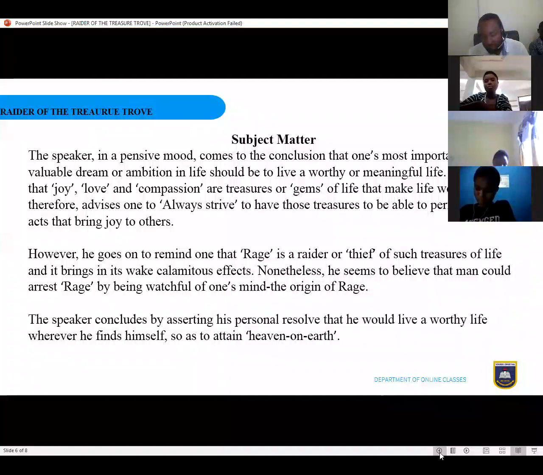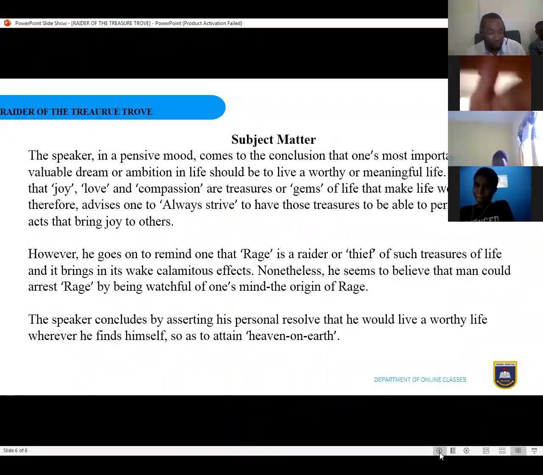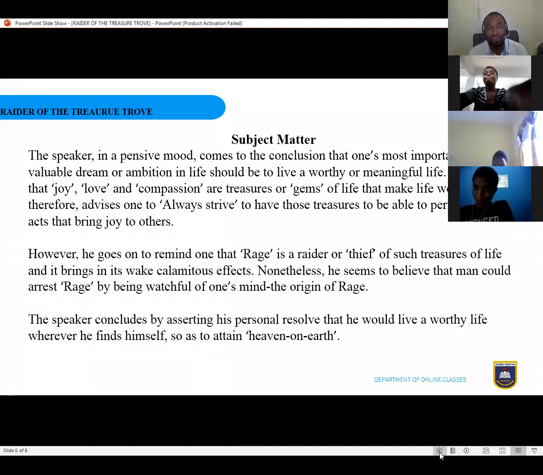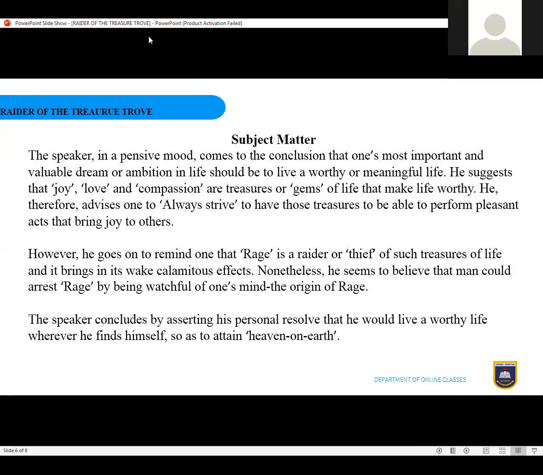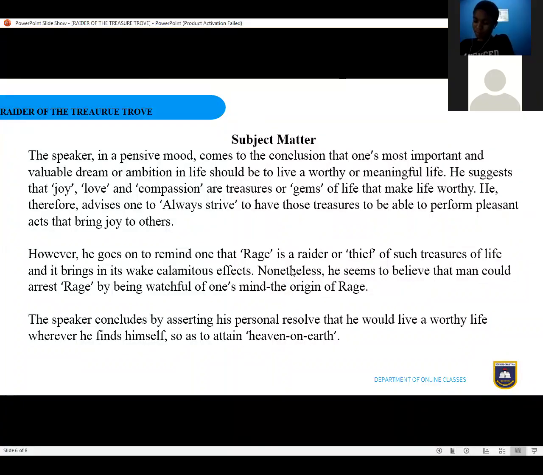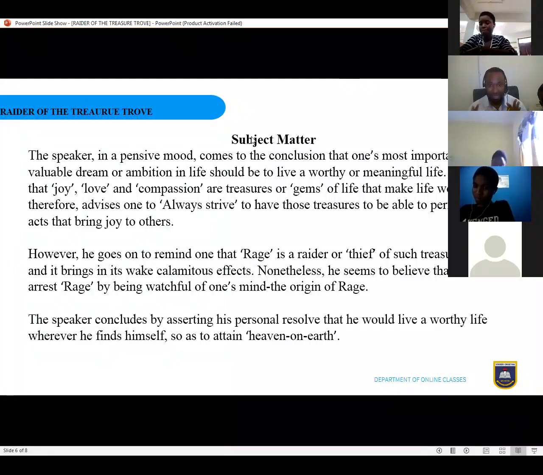Now, when we talk about subject matter, many times students are confused about the difference between the subject matter and themes. We know that the theme is the central idea or the main idea of any literary piece of work. But the subject matter is what the poem is about, basically.